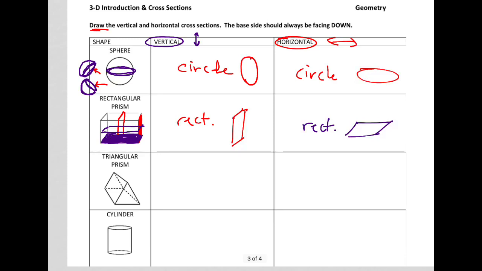Alright, so for a triangular prism, I'm not going to do every one with you, but once again, vertical is just up and down. Find one of your sides that are up and down. Here's a side that's up and down. What shape is that? That's your vertical side. That'll be the same as a vertical slice in the middle. No matter if it's in the middle or on the end, it's still a vertical slice.